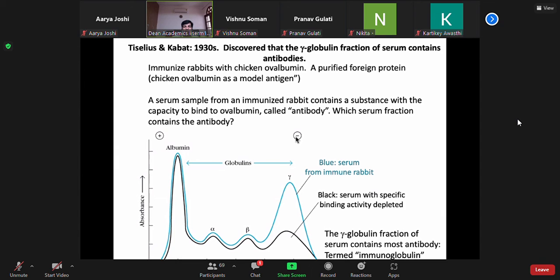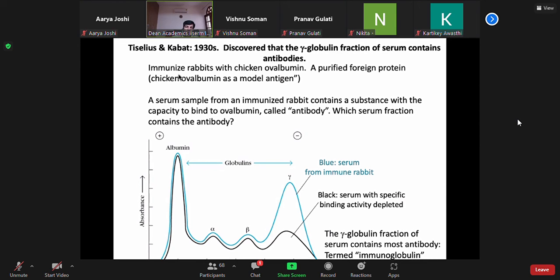Now, if you are collecting serum, you have different kinds of antigen specificities, but you have to enrich that serum sample with a lot of antibodies specific to a particular antigen. Only then can you show the binding and so on and so forth, right?